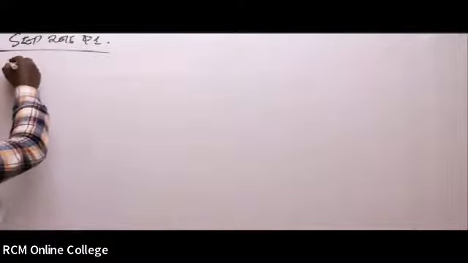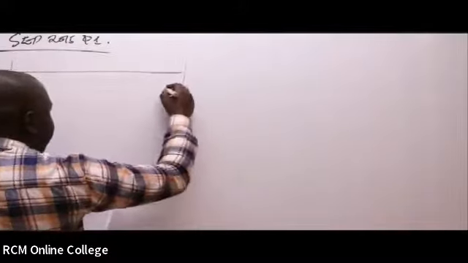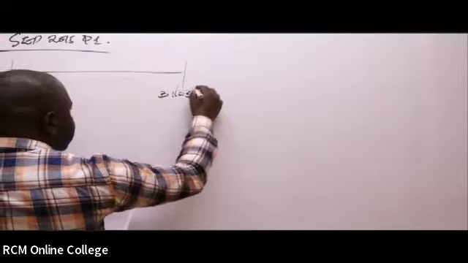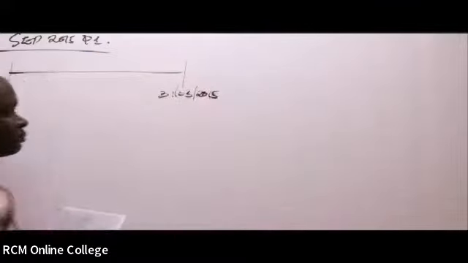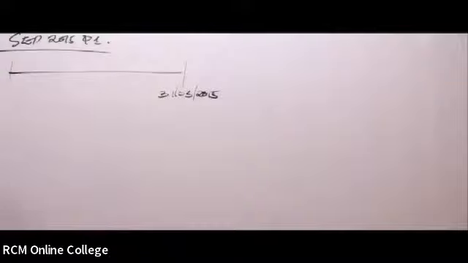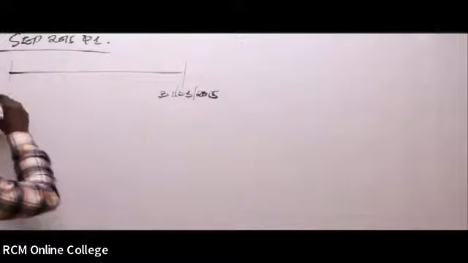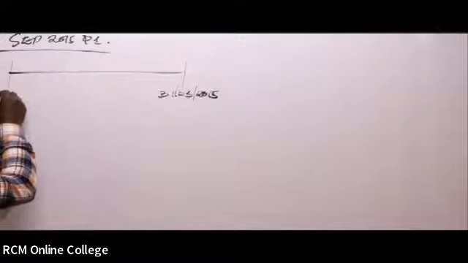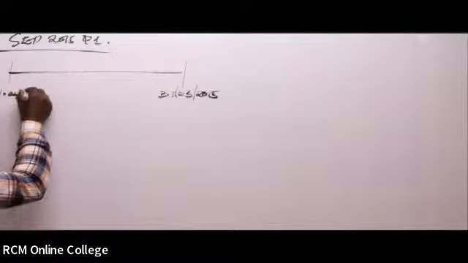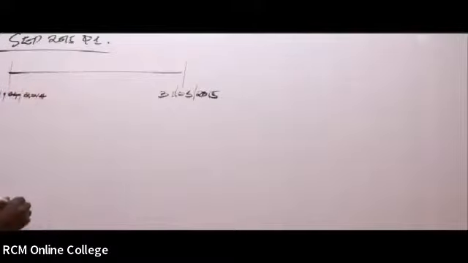In our situation, you've been told that we need to prepare the financial statements for the year ended 31st of March 2015. So our year ends on 31st of March 2015, and the start of the year is 1st of April 2014.